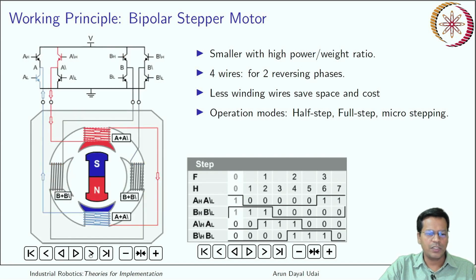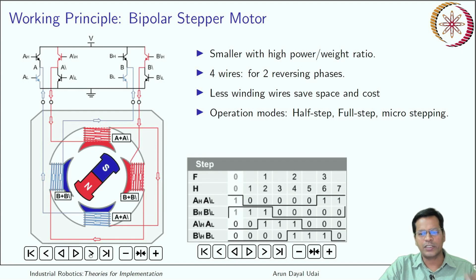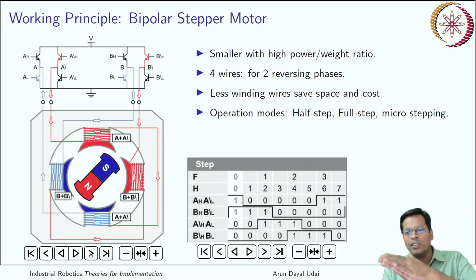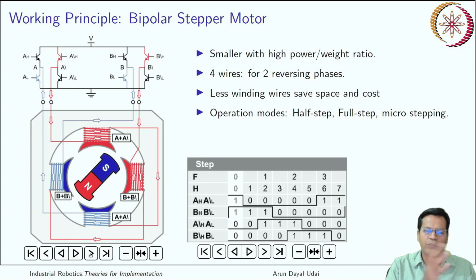So this one is skipped, this one is there. So in 4 steps, 4 pole pairs are covered. That means it is full step. And micro stepping: if you can gradually shift power of the electromagnets, that is the poles, from one to the other, your armature can move in a very gradual manner.